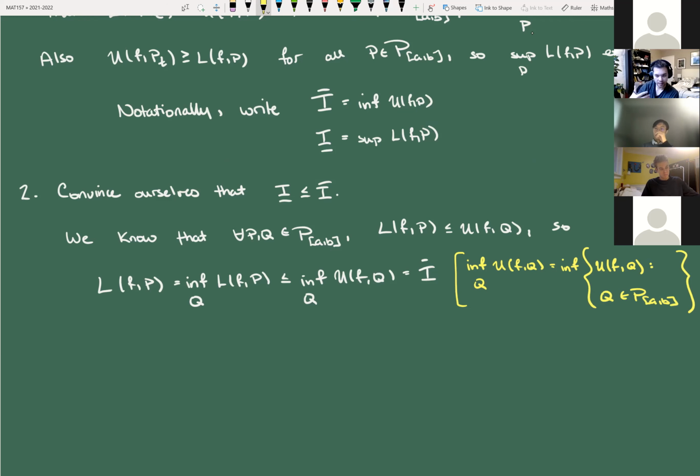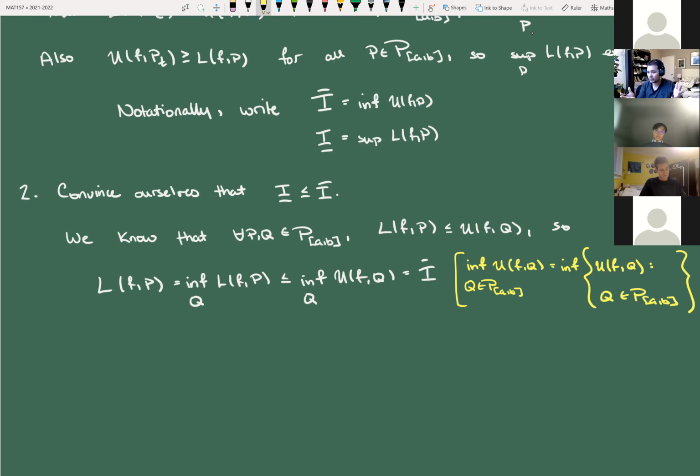But this is a standard abuse of notation where I don't want to write this thing as a big ugly set. So what am I infimizing over? I'm infimizing over all of the partitions Q. Same sort of thing as when we take the infimum of a function on an interval: we'd say take the infimum of f(x) when x is in this interval.